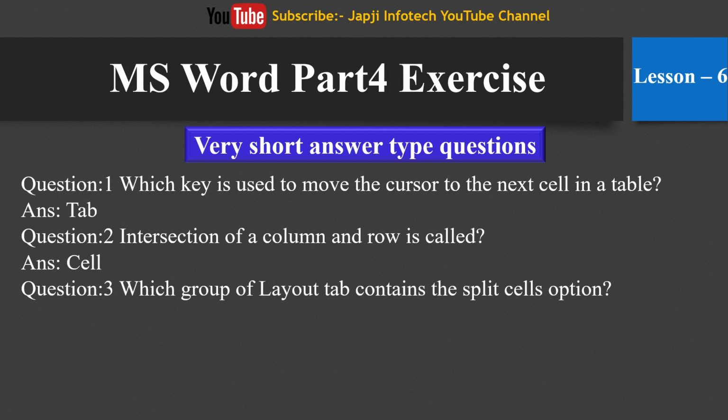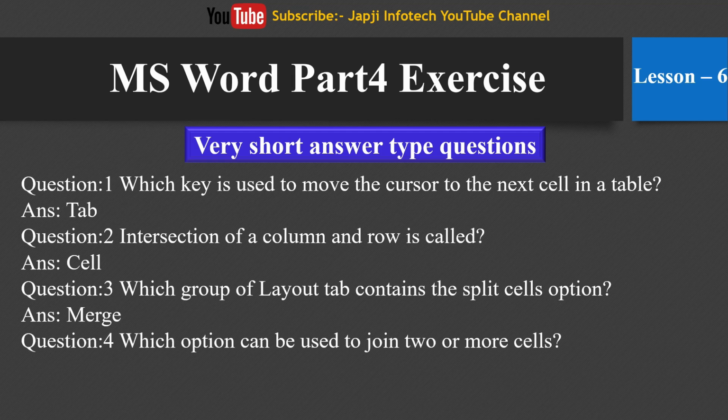Third one is: which group of the Layout tab contains the Split Cell option, and the answer is the Merge group. And the fourth one is: which option can be used to join two or more cells? The right answer is: the Merge Cells option can be used to join two or more cells.